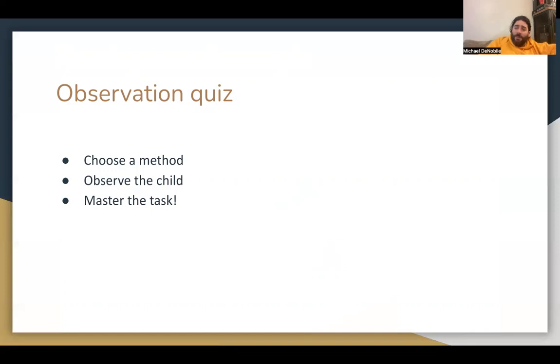So, kind of like a real world, authentic assessment. You have all of these in your toolbox that you can choose from. Some are more appropriate than others, but you're free to choose the one that you think it is, and then you're going to go and do it. You're going to observe the child and then provide the documentation for the quiz as it says on Canvas.